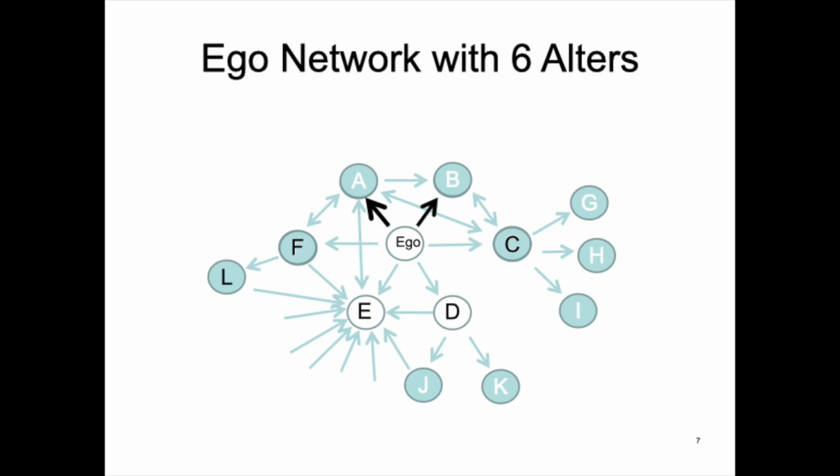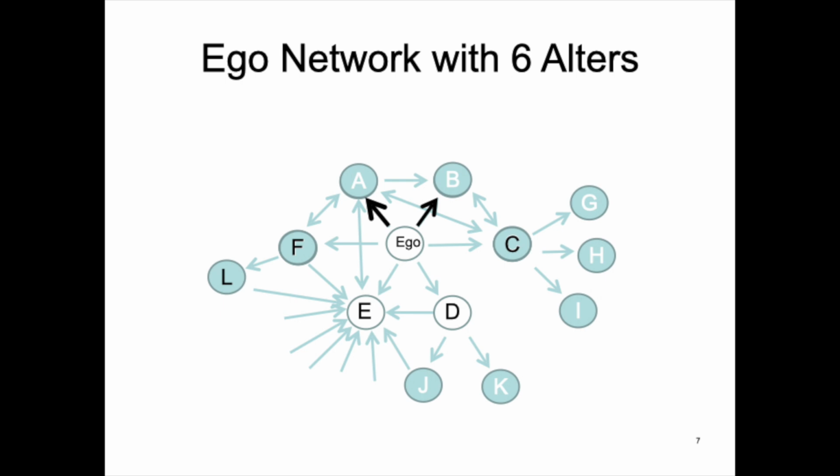We also know that if you perceive alters to use, that is also an influence on your own behavior. In fact, we have a number of studies where we've had the alter self-reports and ego's perceptions of what alter does, and it's the perceptions that matter more than the alter self-reports. And it turns out people aren't particularly great at estimating other people's behavior.